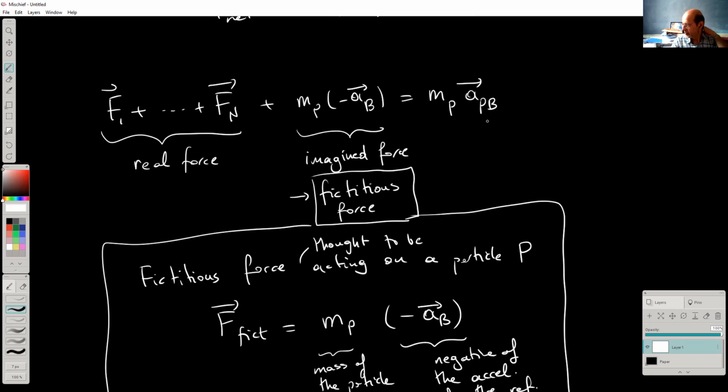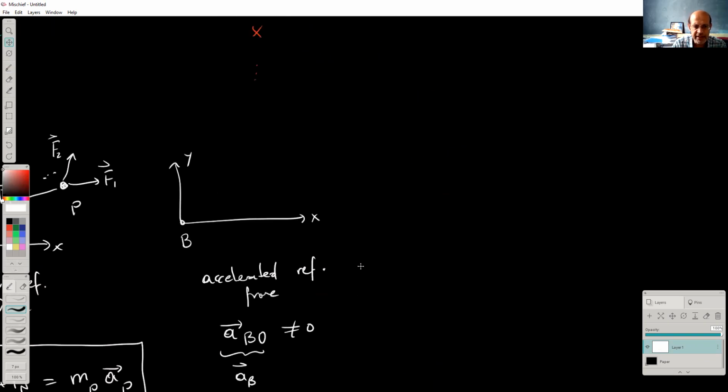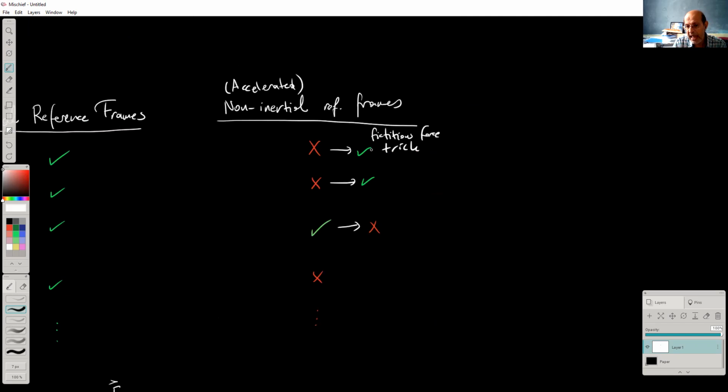Okay, let me actually state it like this. I'm just going to give you one example in here. Let me just come back to that check mark, okay? So if I add this fictitious force, the second law, somehow, I made it correct.